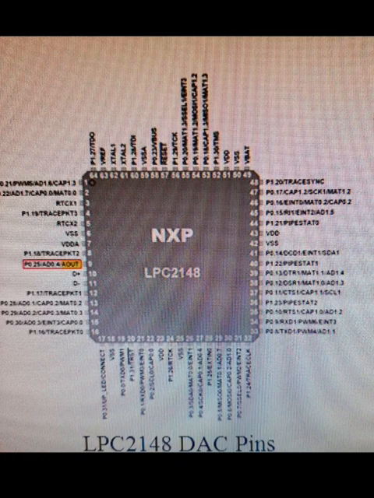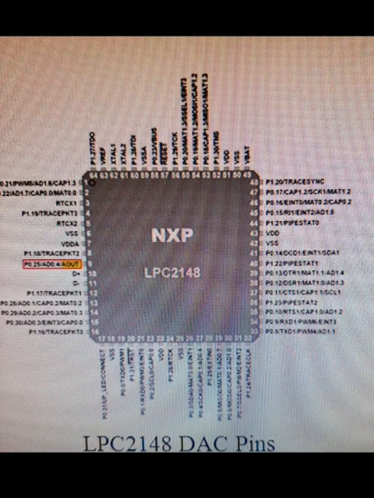Let's see the register used for the DAC, that means the DACR. The DACR is a 32-bit register. It is a read and write register, where bit numbers 0 to 5 are reserved, and bits 6 to 15 are the value.